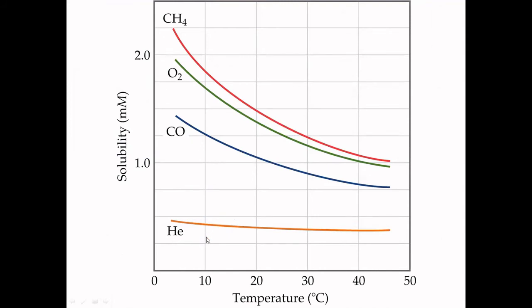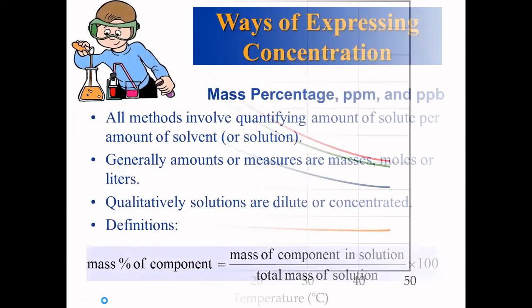And we have helium, all of which exhibit a decrease in solubility as temperature is increased. It is relatively true for all gases that once temperature is increased, their solubility decreases. Unlike pressure, if you increase pressure, solubility increases.